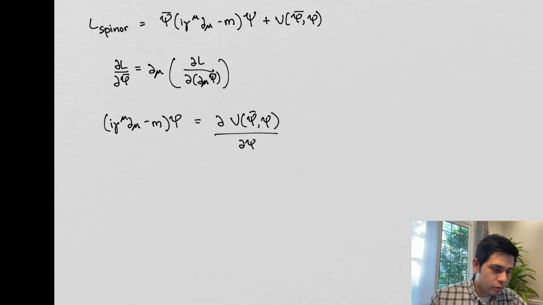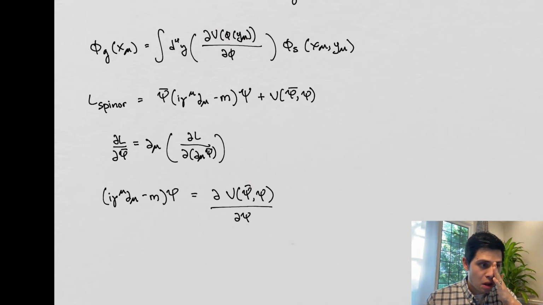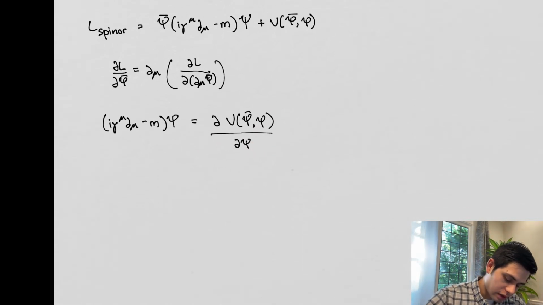So what we can do is we can say, just like we did for our scalar field, we can construct the same thing for our spinor field, right? So we have this for our scalar field or Klein-Gordon field. We can do the exact same thing now with the spinor field because now we have an expression for this, right? It's just going to be this. But now that we have this, we'll just put this into our integral that we're going to construct.